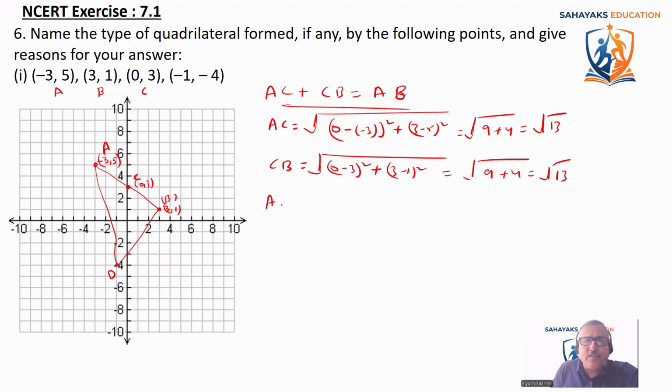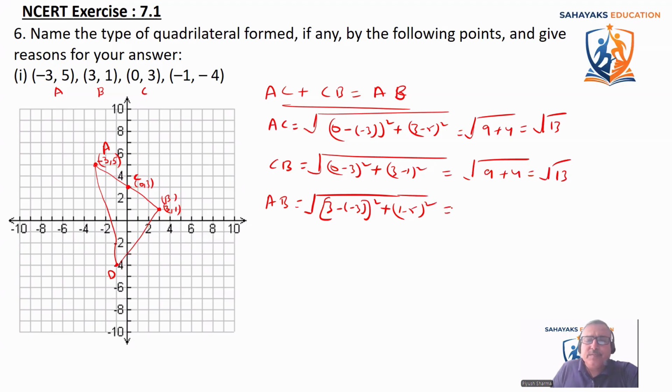Let's find out the value of AB. So AB is equal to the square root of 3 minus minus 3 whole square plus 1 minus 5 whole square.